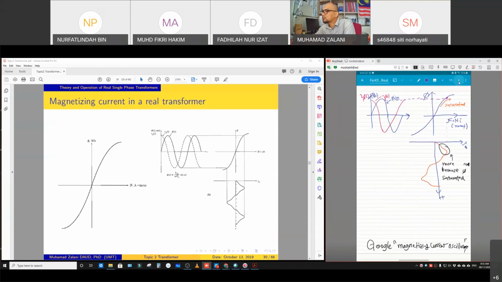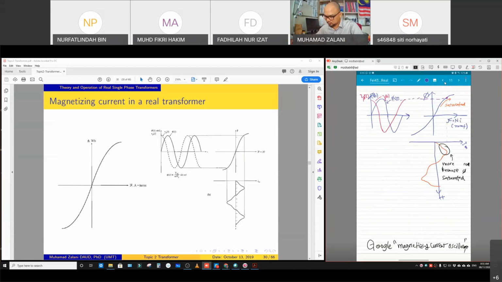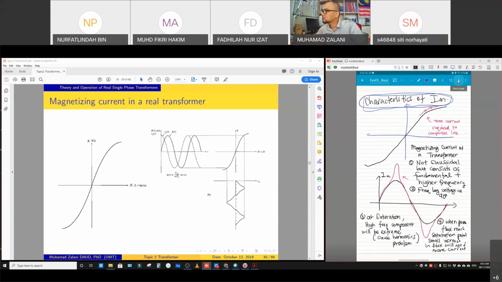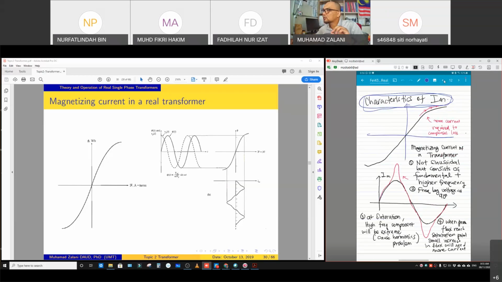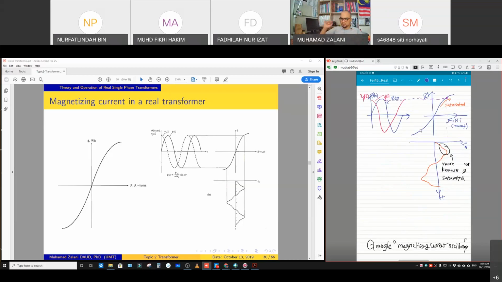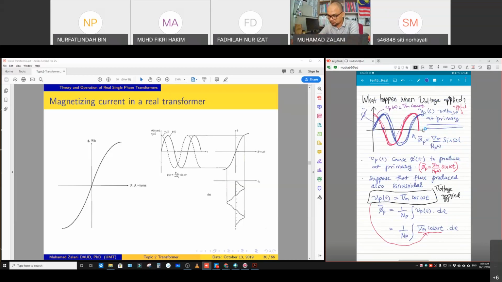This is the explanation about magnetizing current. So basically we are talking about the magnetizing current. In this case, what is the voltage applied?